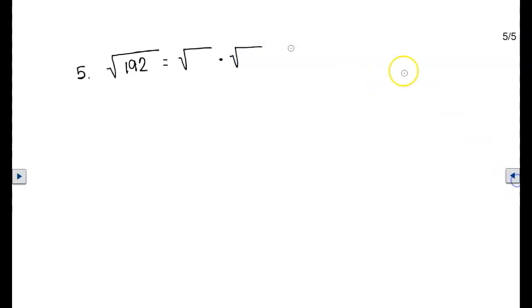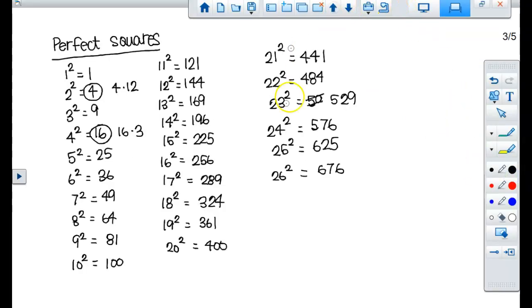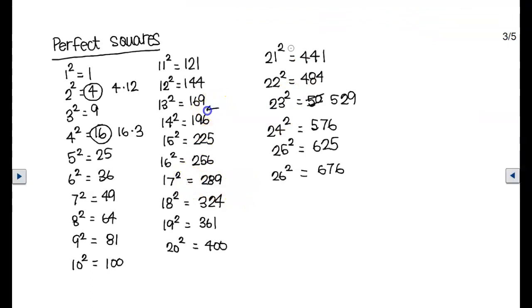Okay, so I'm going to have to factor it into two numbers, and to help me do that, I'm going to go to my list. All right, 192 falls right here between 169 and 196. So I need to see which of these numbers above 192 would be a factor, because I want the biggest one. So I can try 192 divided by 169.